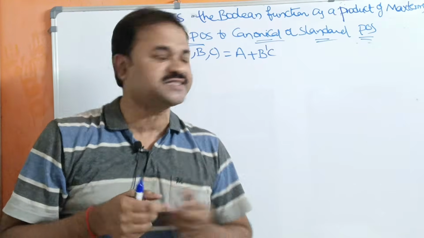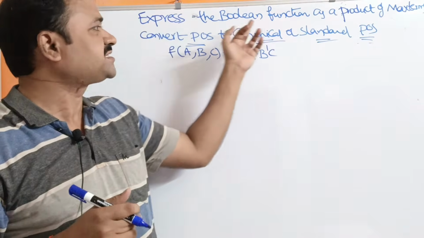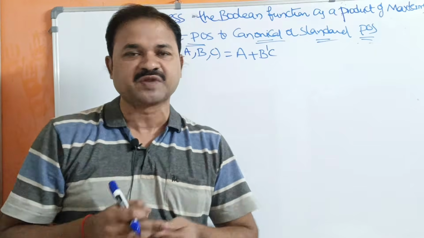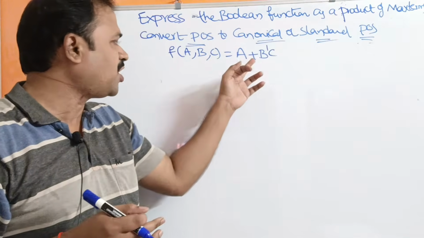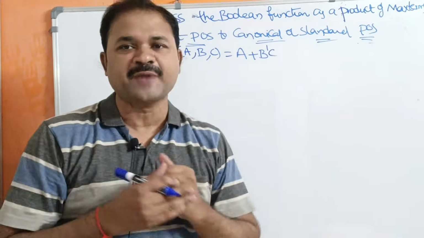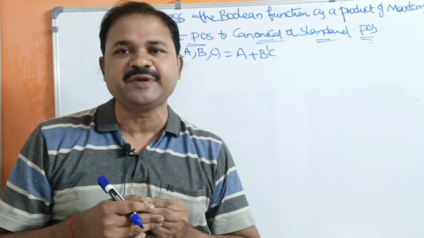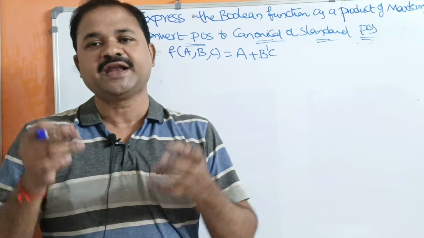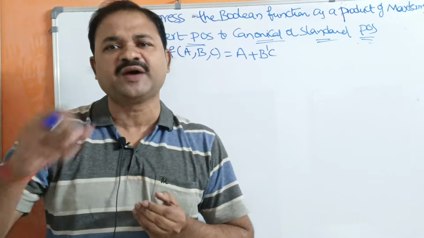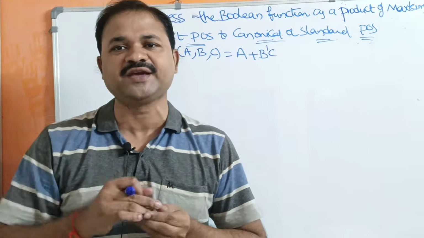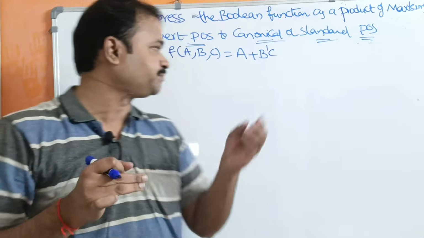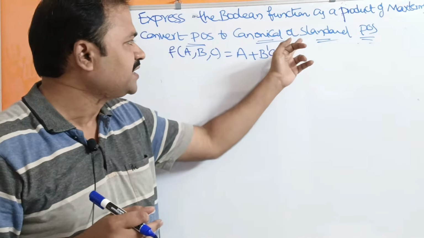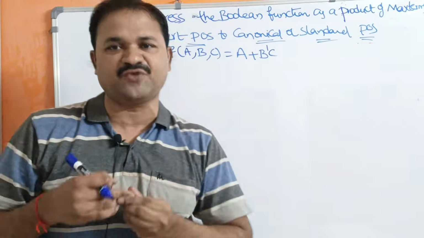Now let us discuss how to express the Boolean function as a product of max terms. Here the product operation will be performed on the max terms. A max term should contain all the variables, and the operation will be performed on the corresponding variables or literals, to convert POS to canonical or standard POS.